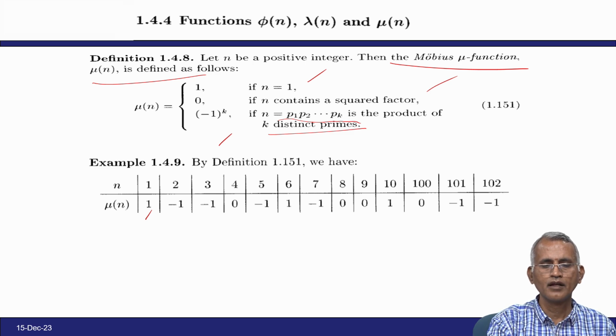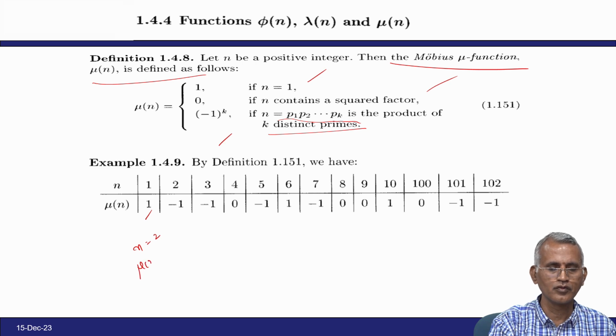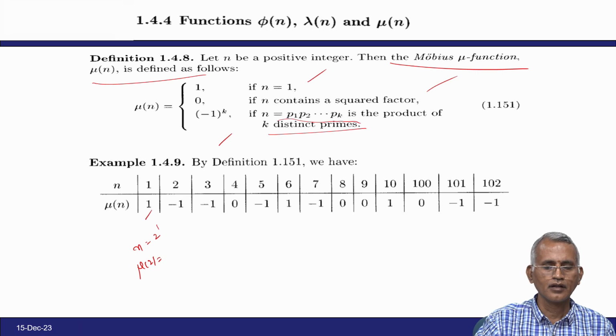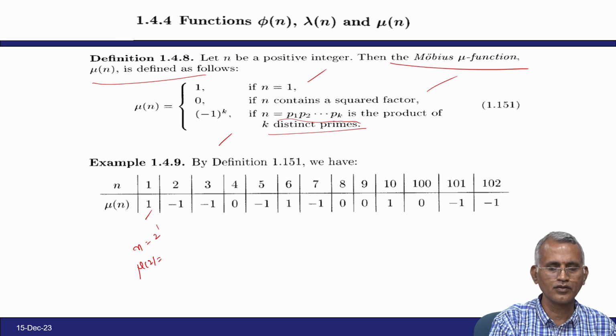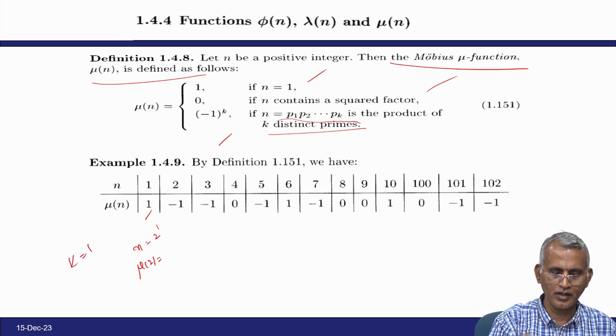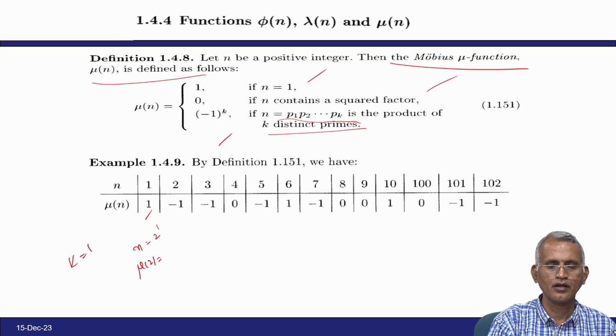Then n equal to 2: mu of 2 is nothing but, here k is 1, minus 1 whole power 1, which is equal to minus 1.